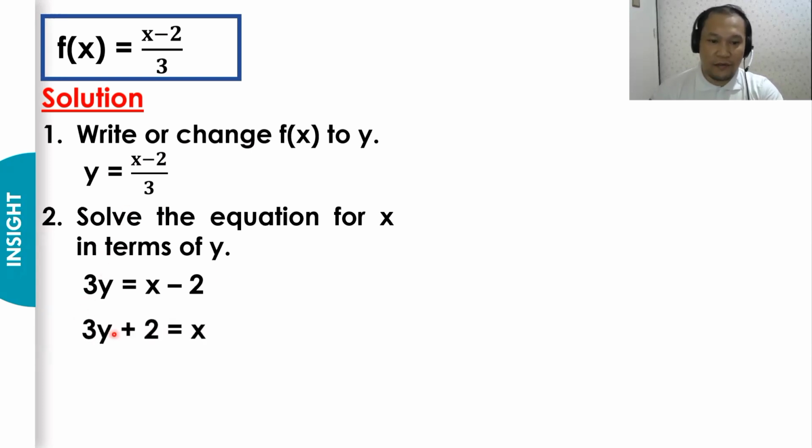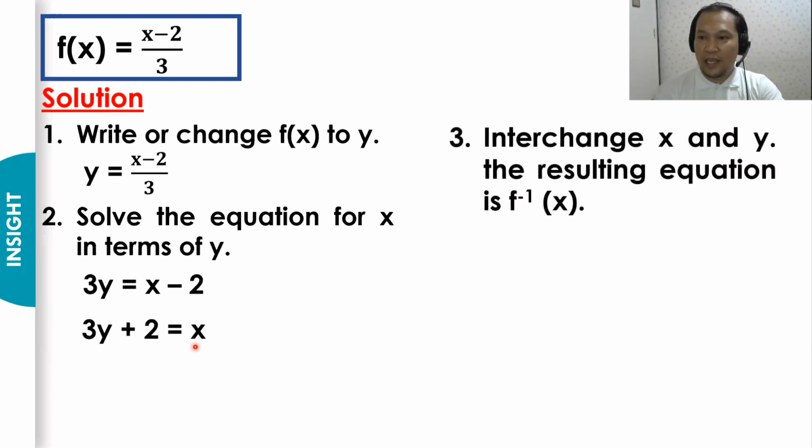Therefore, we do have 3y plus 2 is equal to x. Therefore, we can now proceed in our step number 3. That is, interchange x and y, and then the resulting equation is now the inverse of the given function. Therefore, 3x plus 2 is equal to y.